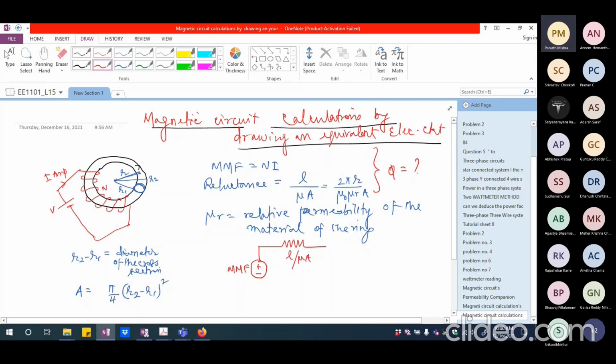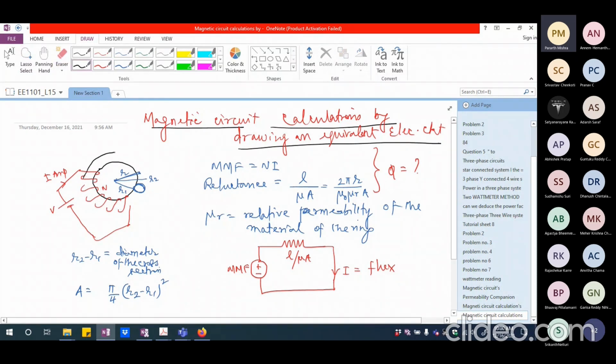If I solve for the current in this equivalent circuit, that current is going to be the same as the flux. So this is a very simple magnetic circuit where I have shown just one material carrying the entire flux. And although I've shown this as though it is a little thinner, it is not thinner.